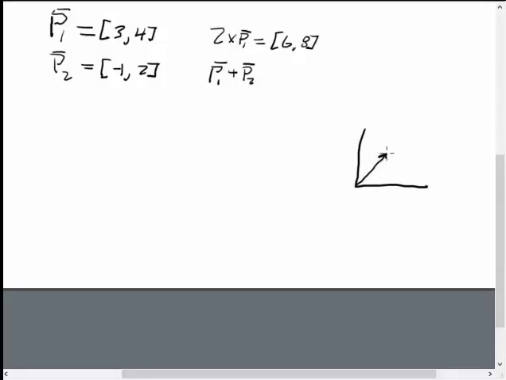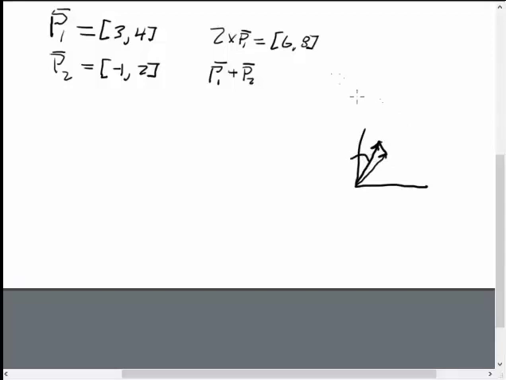But what I want to do is then add P2. Well, that's going to go back 1 and up 2 to there. And the resulting vector is going to be from the tail of the first vector all the way to the head of the second vector. So that's my answer vector right there.